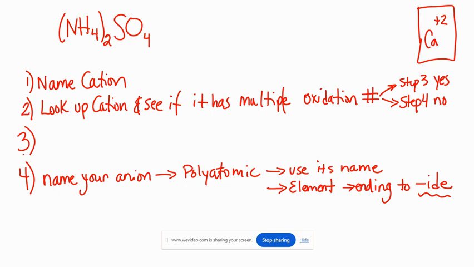So NH4, what is that? Ammonium. What is SO4? Sulfate. So there's the name, ammonium sulfate.